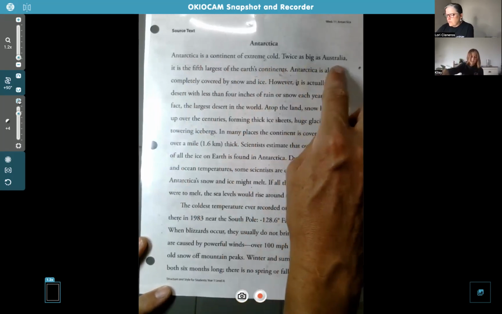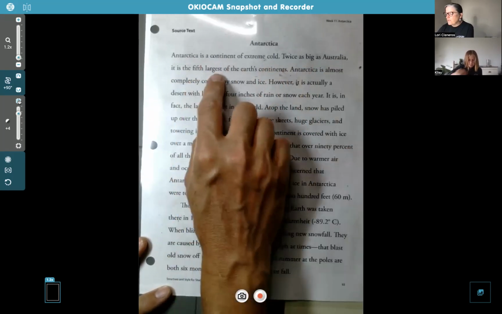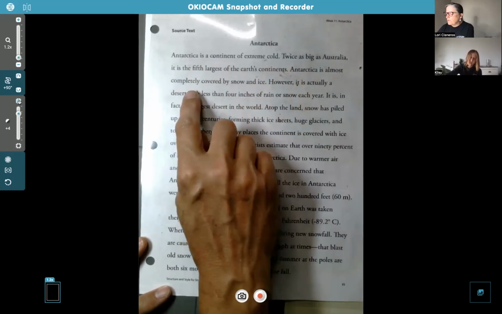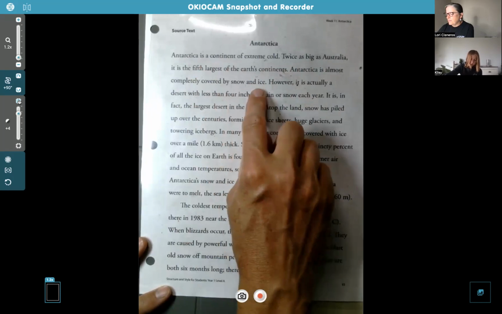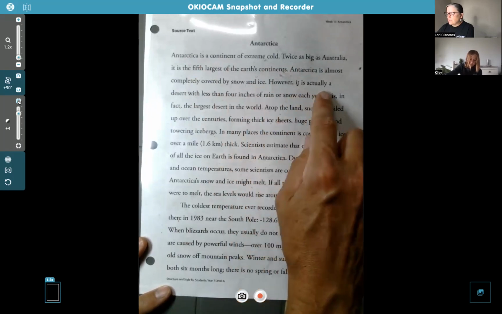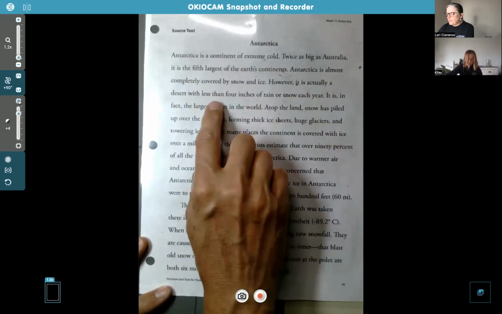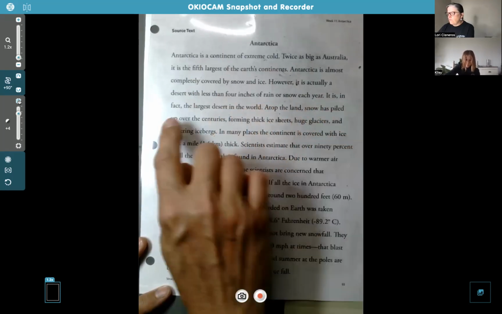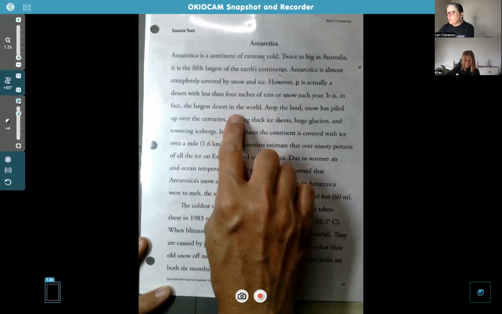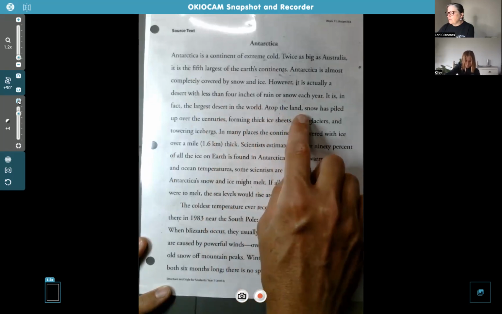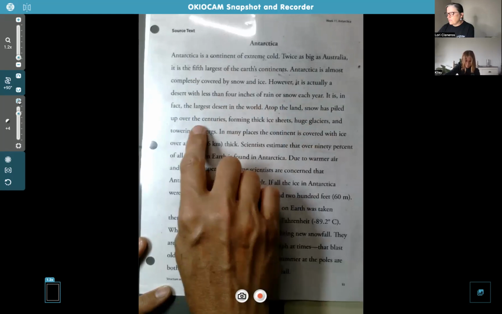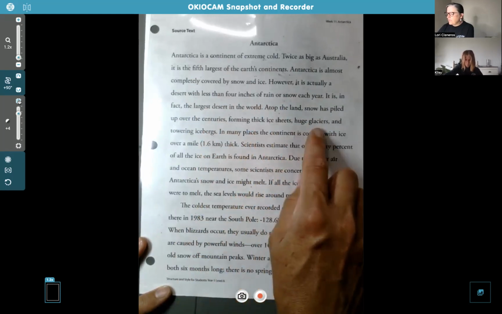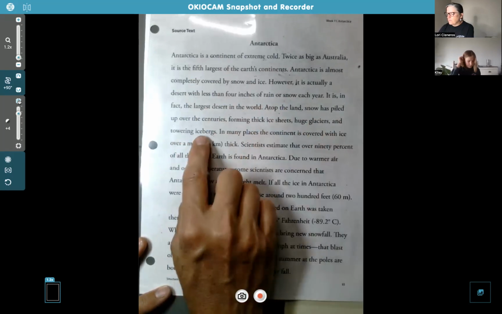Twice as big as Australia, it is the 5th largest of the Earth's continents. Antarctica is almost completely covered by snow and ice. However, it is actually a desert with less than 4 inches of rain or snow each year. It is, in fact, the largest desert in the world. Atop the land, snow has piled up over the centuries, forming thick ice sheets, huge glaciers, and towering icebergs.